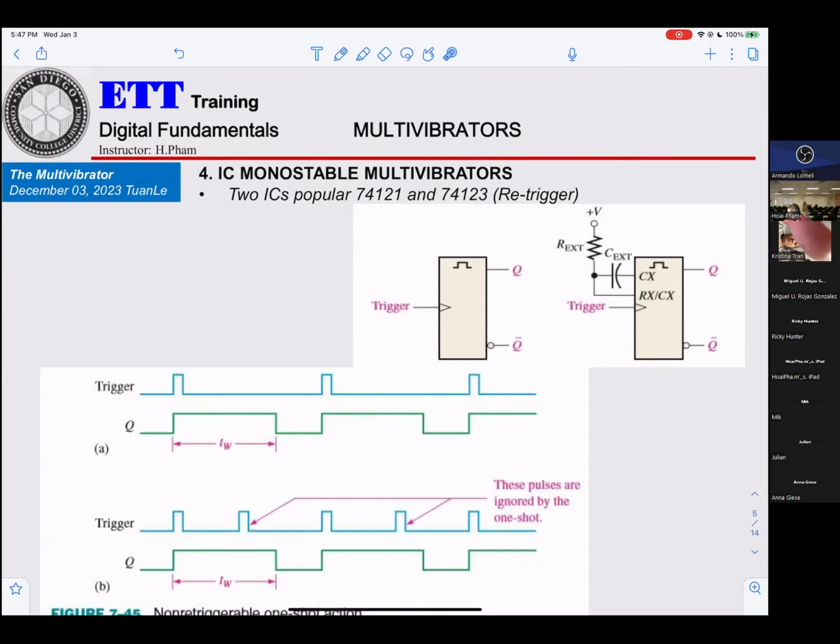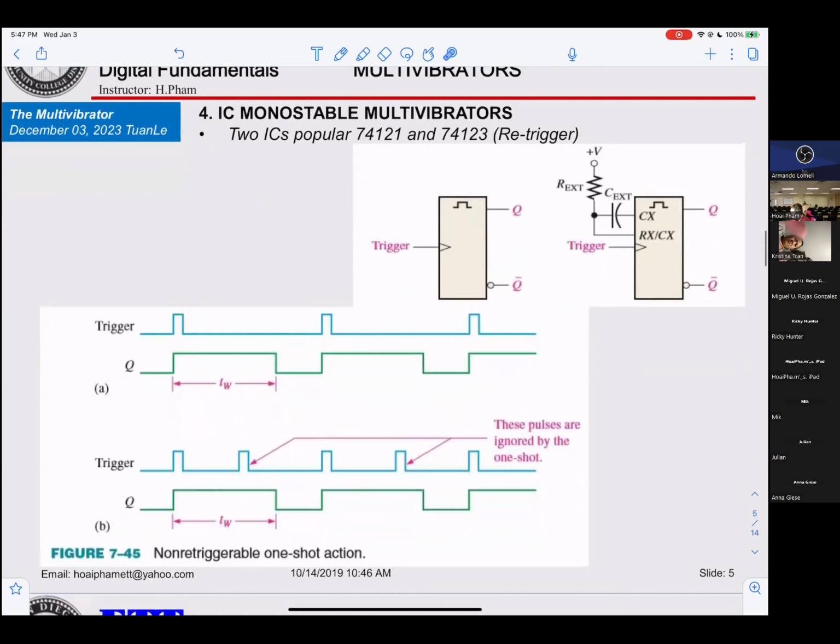And the same thing here, you can get the trigger here. When it goes 0 to 1, you get the output going high. However, if you get another trigger, the output is not changing.